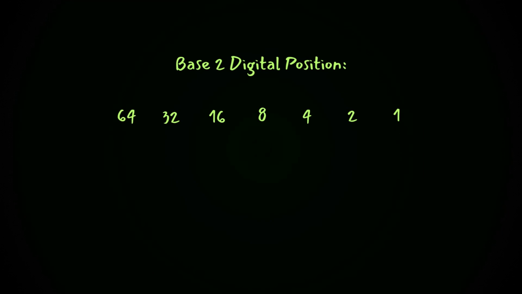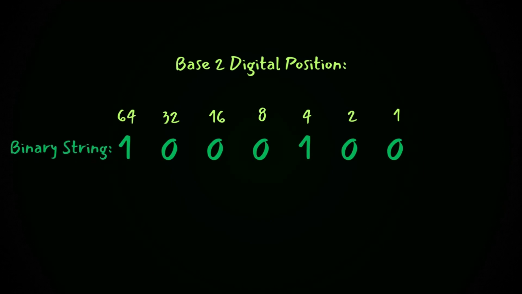How it works is binary goes by digital positioning system, right to left. So the first bit on the right starts with 1, and the next gets doubled, and the next gets doubled, and so on. As you can see in this binary string 10000100, 64 and 4 have 1s. This means that these two numbers will get added together, giving you 68.